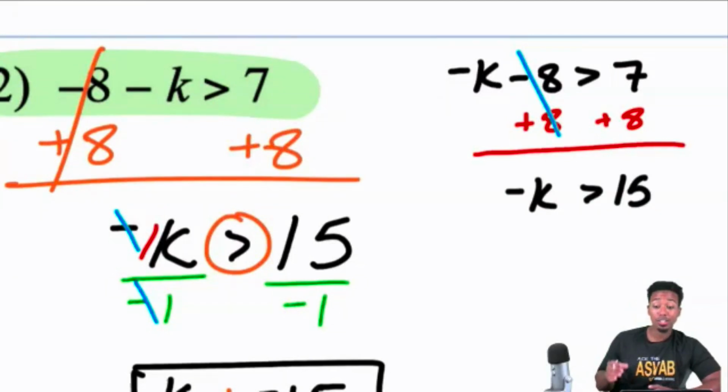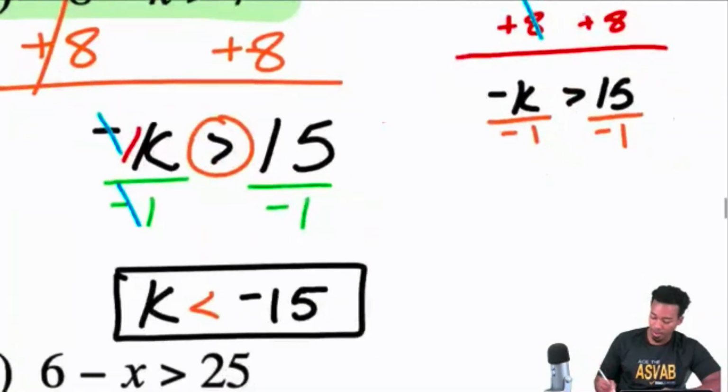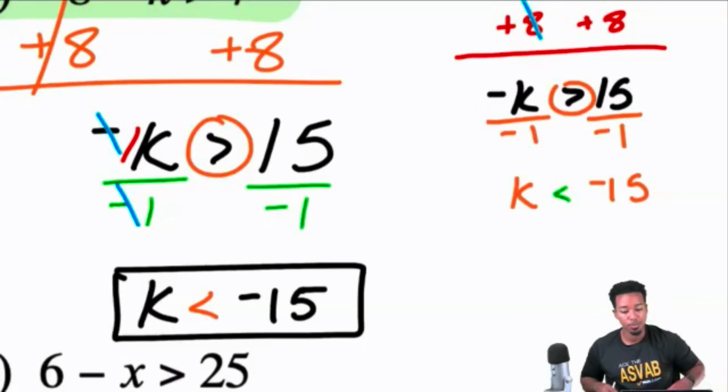Cool. Because of that, notice how the last step is the exact same. Divide by -1. Divide by -1. And so from there, booyah, k, flip the sign, is less than -15.